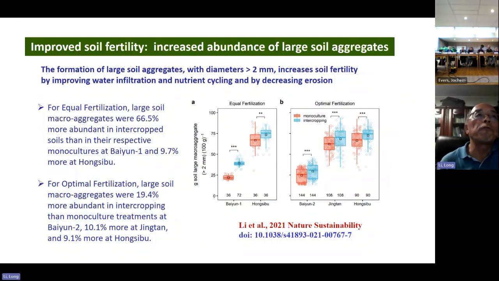It also improved soil fertility. We found that intercropping can increase the abundance of large soil aggregates, intercropping versus monoculture in all experiment sites. The aggregates larger than 2 millimeters are higher in intercropping than monoculture.